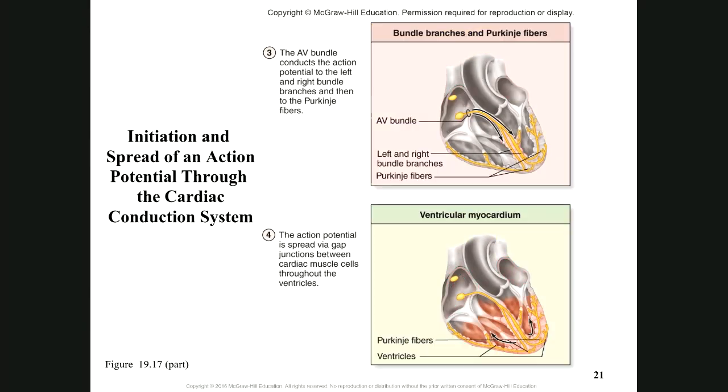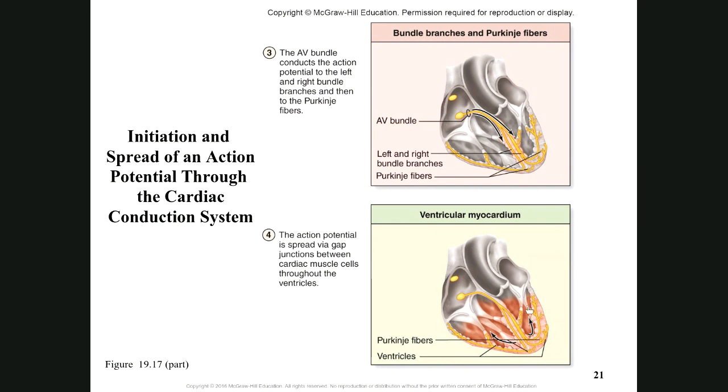As you see in this picture, it goes down until it reaches the apex of the heart, and when it reaches the apex, then the contraction starts in our cardiac ventricles, and you can see that the wave of contraction starts from the apex and comes up.